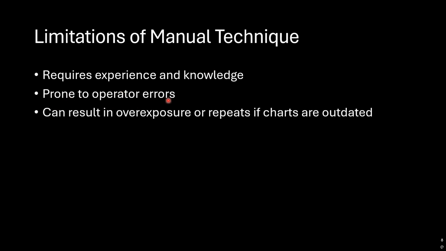It is prone to operator errors, so if the technologist is not fully aware or doesn't have enough knowledge to adjust these parameters, it can cause bad image quality. It can result in overexposure or repeats if charts are outdated. So there is a possibility of overexposure to the patient because we select inaccurate parameters, and repeats will occur if the parameters are not giving good image quality.